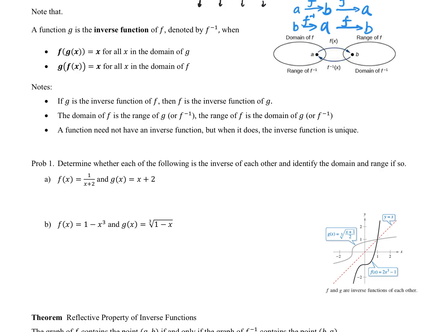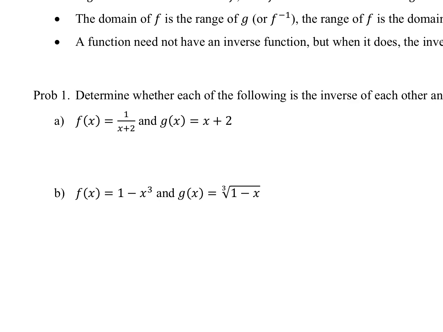So now let's look at the first one. We just have to check f of g of x. This is a function composition, so we work inside out, right? We plug in g of x inside and then do the substitution. So this will be substituted into the function f.